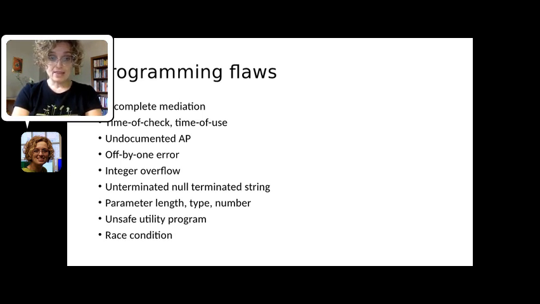Then there are errors that have to do with what we call off by one. This is a more fancy way of discussing range type of errors, like you thought that your range 0 to 5 included the number 5, but it does not.